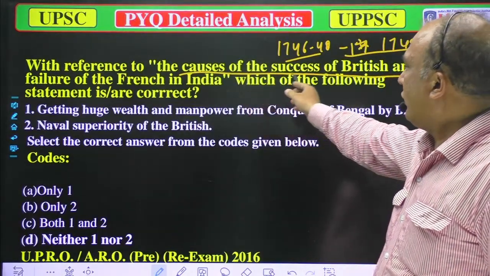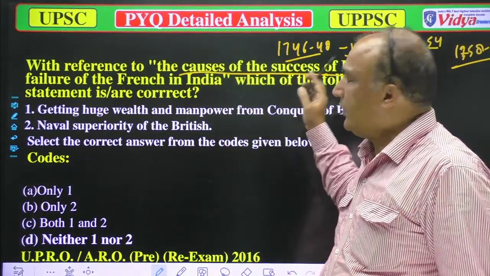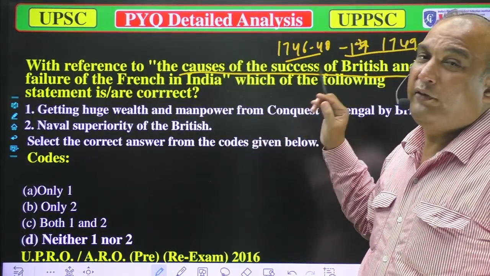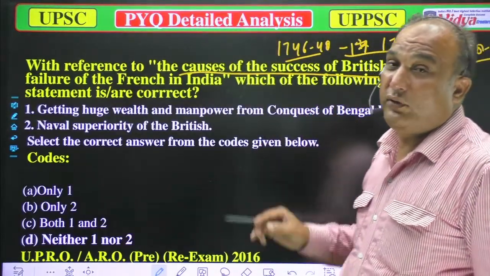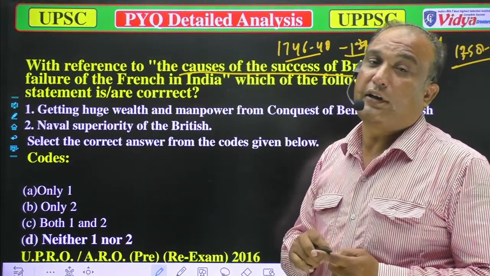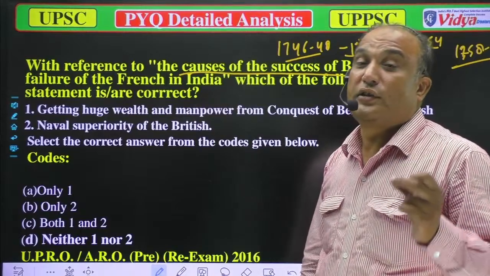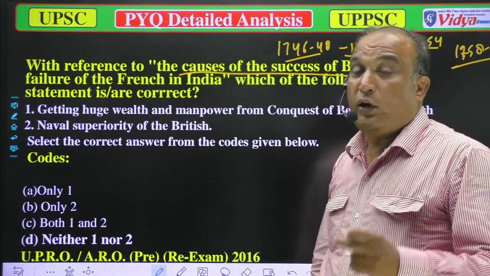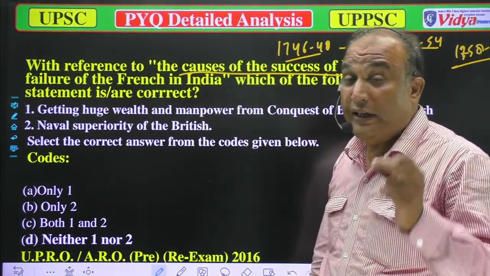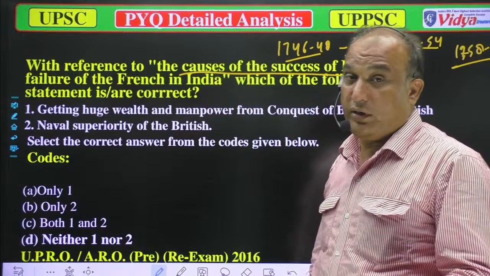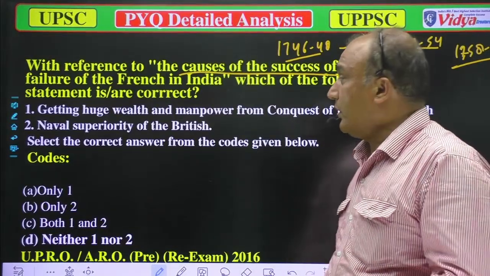So the causes of the success of the British and the failure of the French, it means there were some causes and some results. So we are talking about the result of all the Karnataka Wars, and how finally the Britishers succeeded and how the French were defeated, although the French got advantages in the first Karnataka War in 1746 to 48, as I told you earlier.